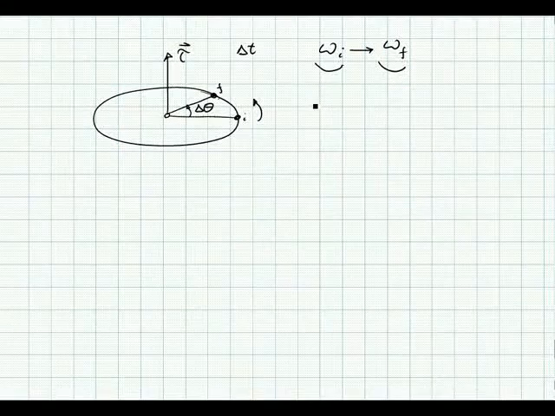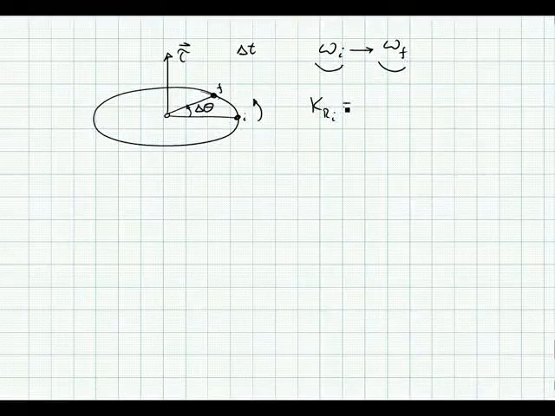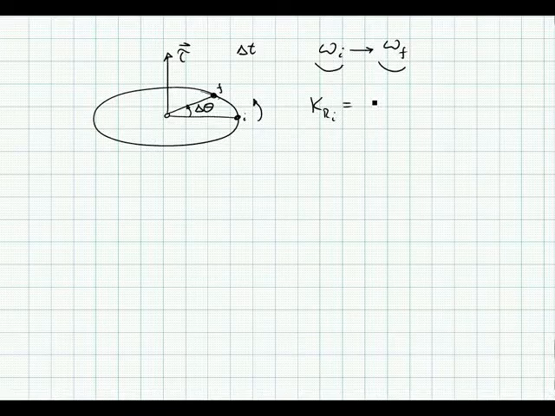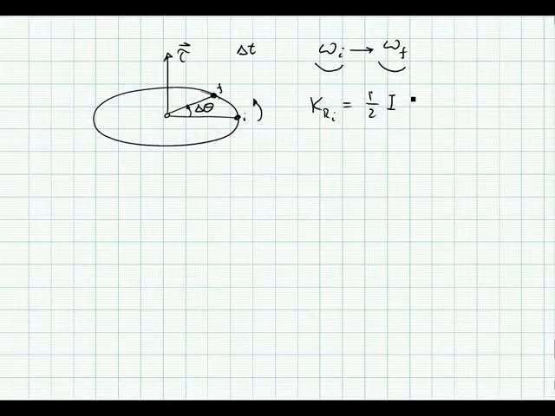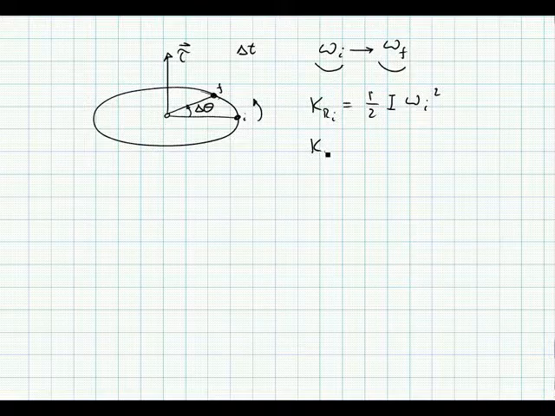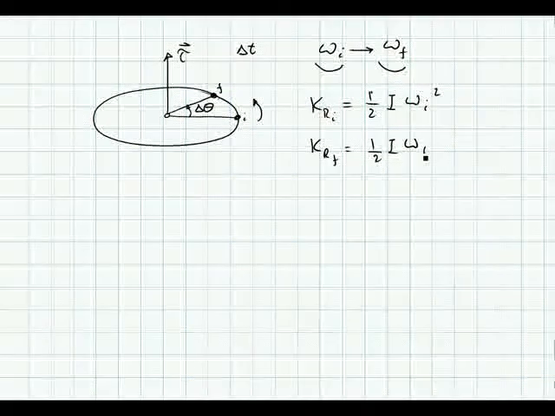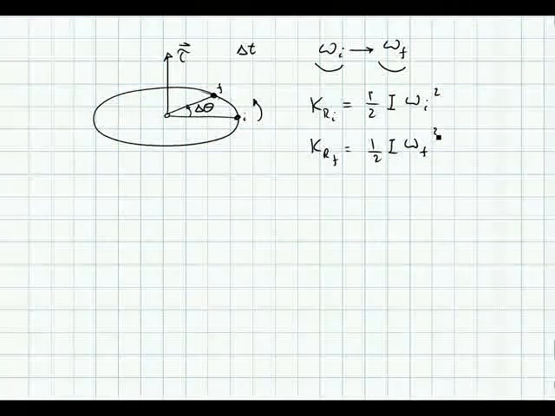Now, thinking back to rotational kinetic energy, rotational kinetic energy initial is 1/2 of I omega initial squared, and rotational kinetic energy final is 1/2 of I omega final squared.